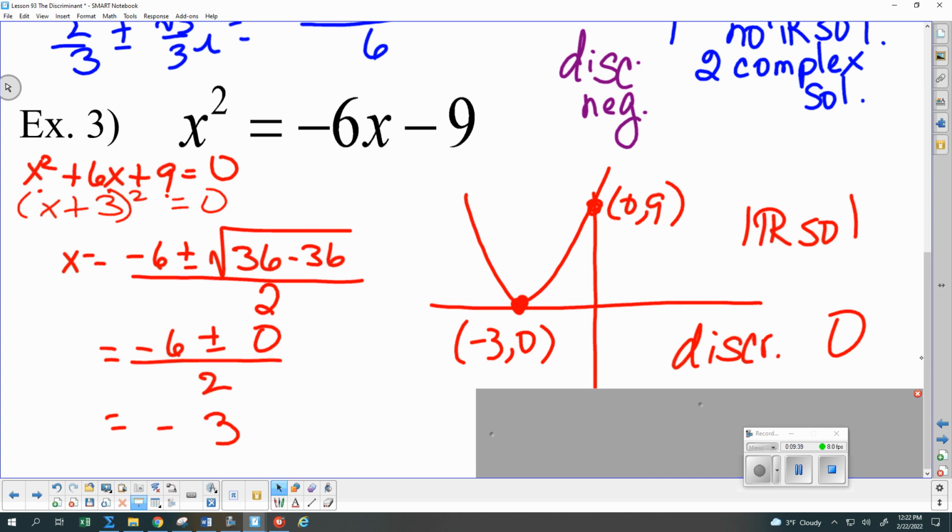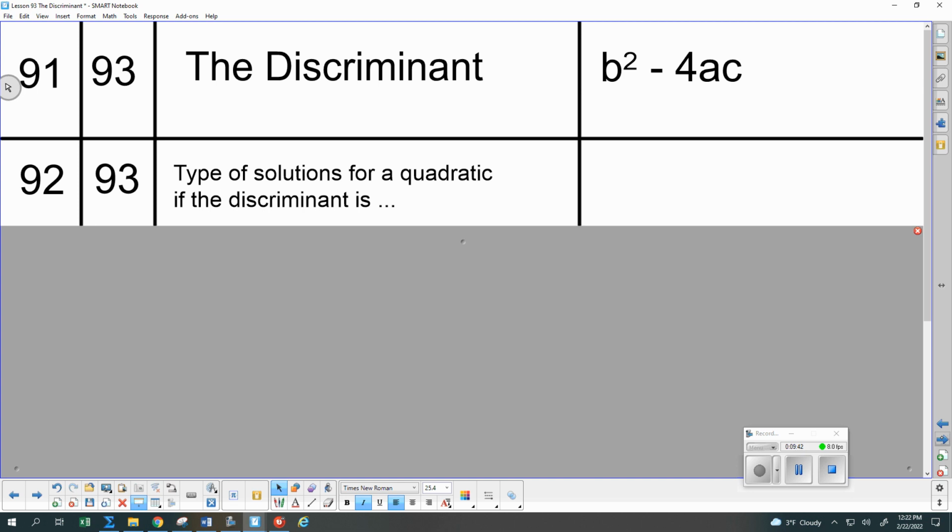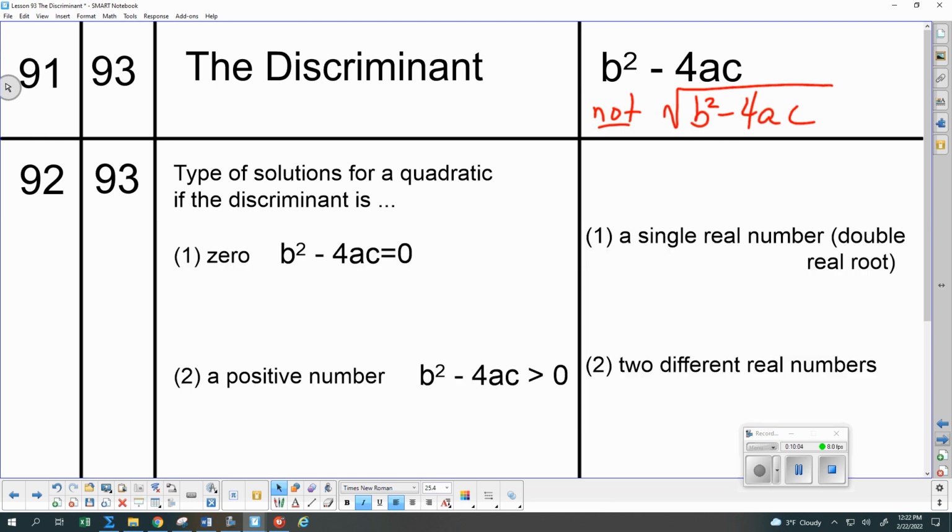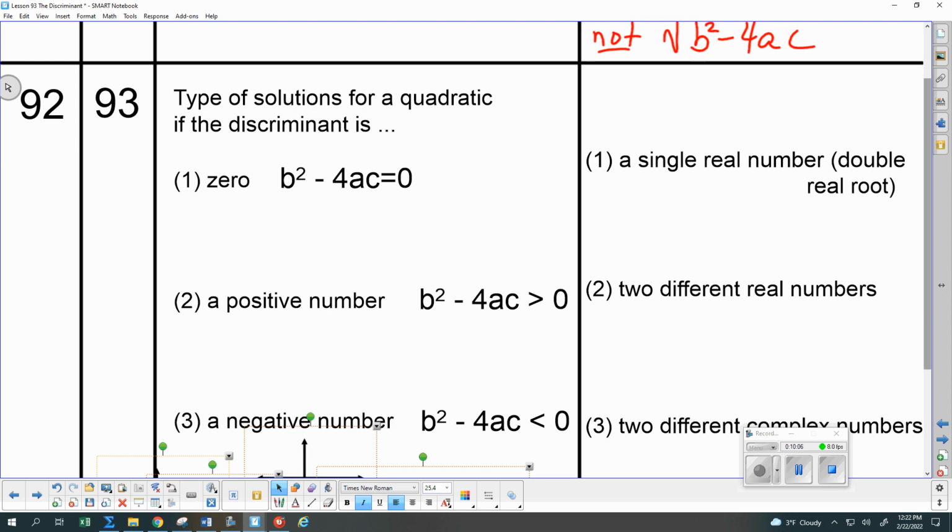In summarizing what we've covered, the discriminant is just b squared minus 4ac. It is not the square root of b squared minus 4ac. It is just that inside little bit. And I'll scroll back up here in a moment, but let me get these things up here so that I can also do the related pictures.